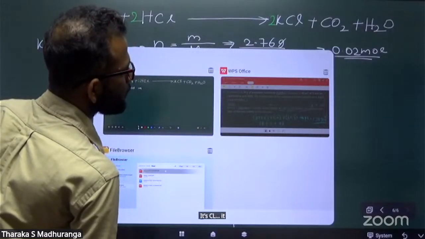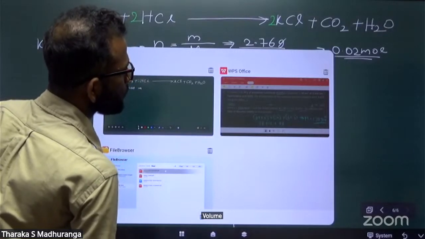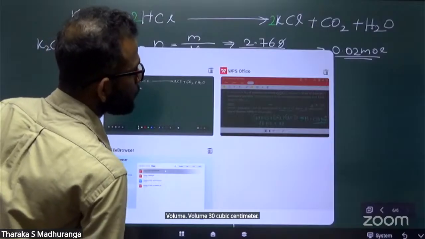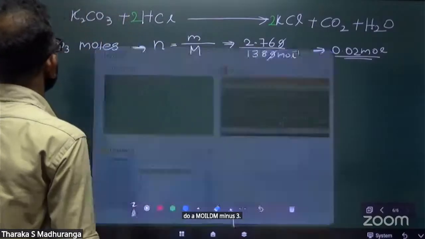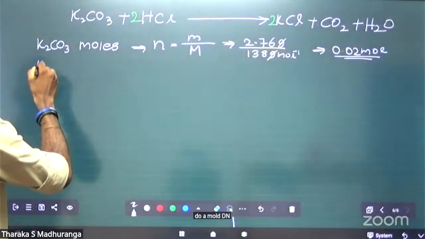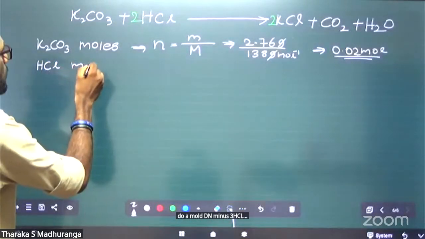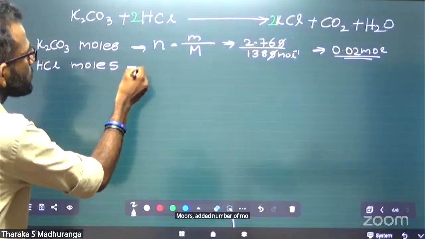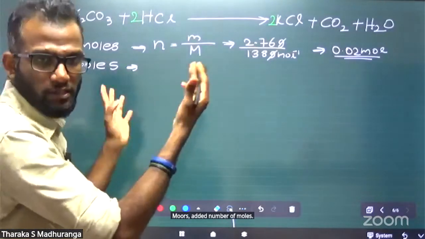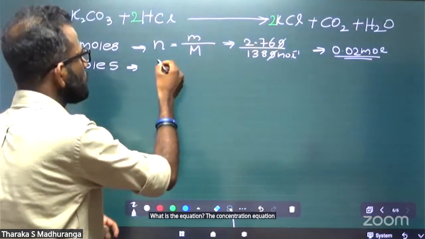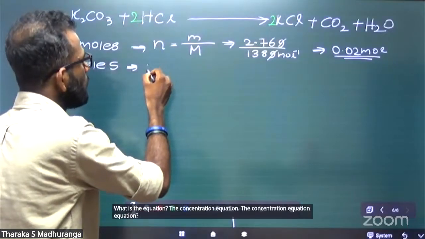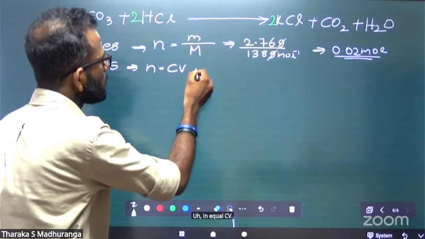HCl, volume 30 cubic centimeter, 2 mol dm^-3 HCl, number of moles added. What is the equation? The concentration equation, n equal CV.